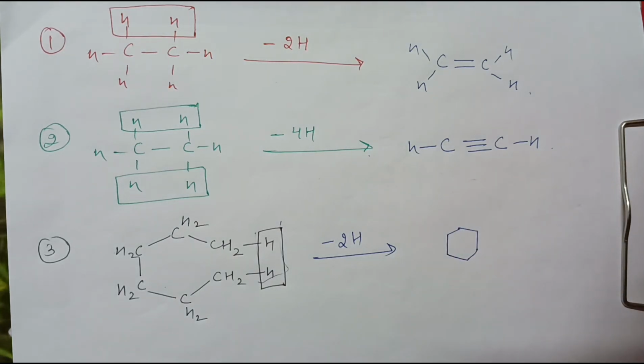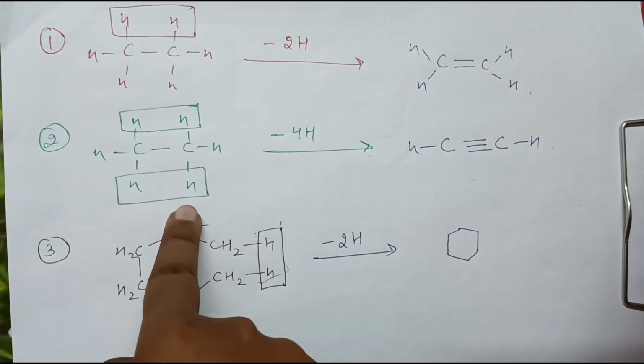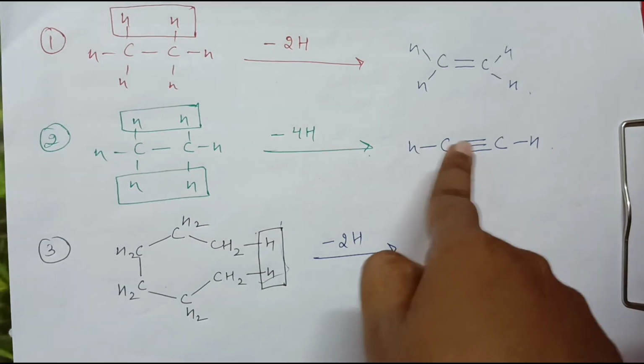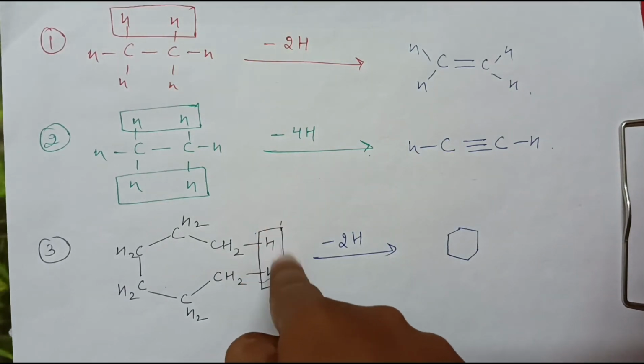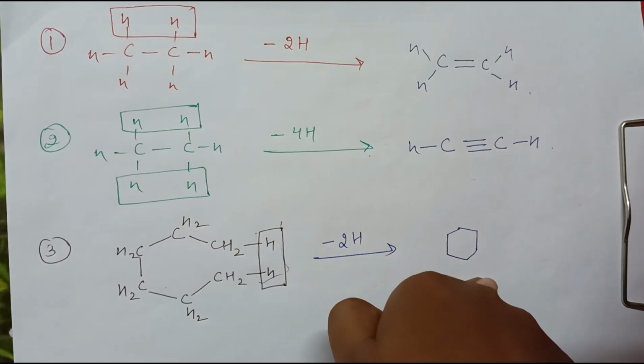So when the molecular formula contains carbons and hydrogens, if we take 2 hydrogens from alkane, we can get alkene. If we take 4 hydrogens from alkane, we can get alkyne. If we take out 2 hydrogens like this from the alkane, we can get a cycloalkane.